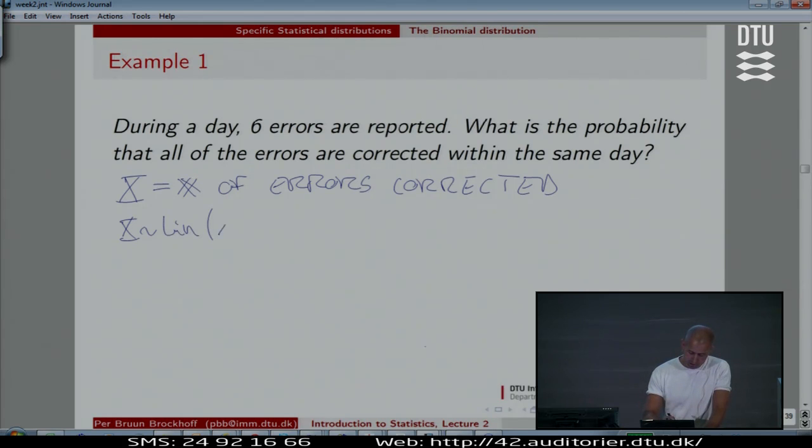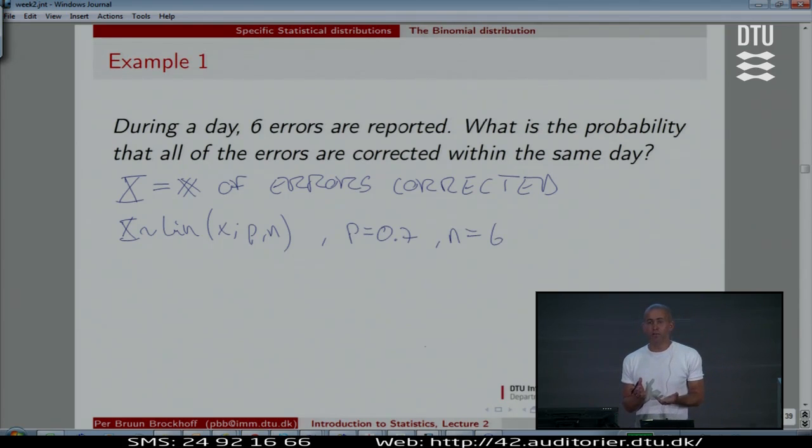We would believe, I think we use this notation, that this random variable would be binomially distributed with p equal 0.7 and n given by 6. So that is the mathematical framework, model, expression of the system we've been put into here.